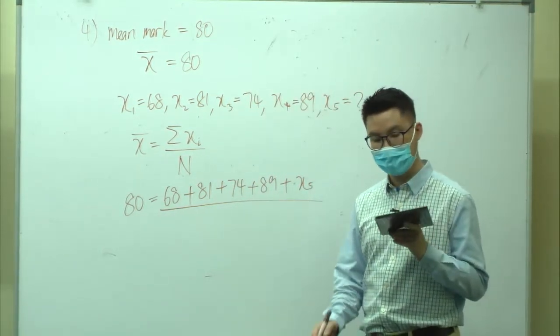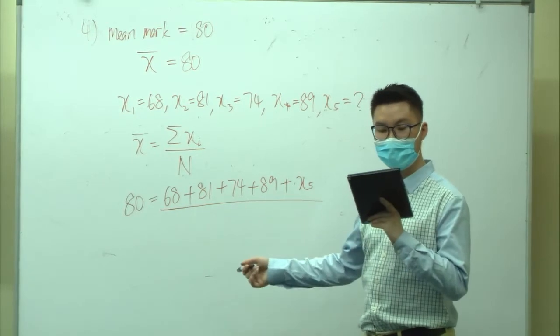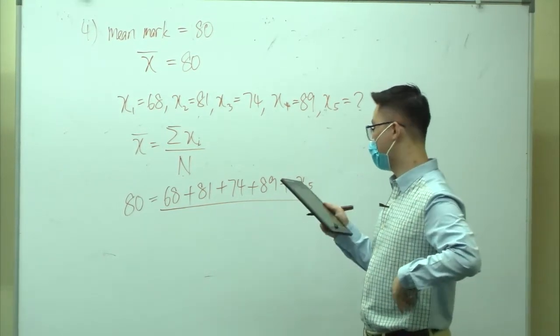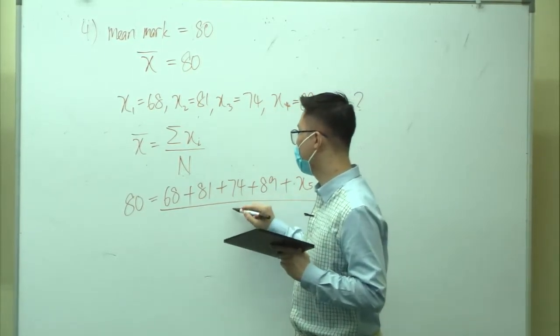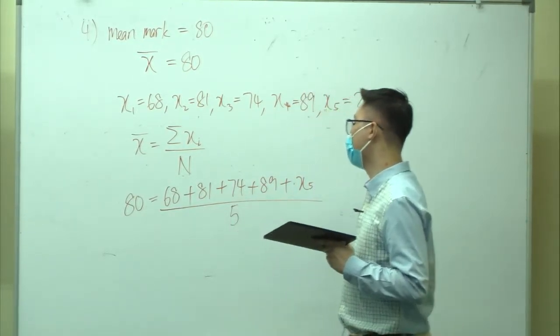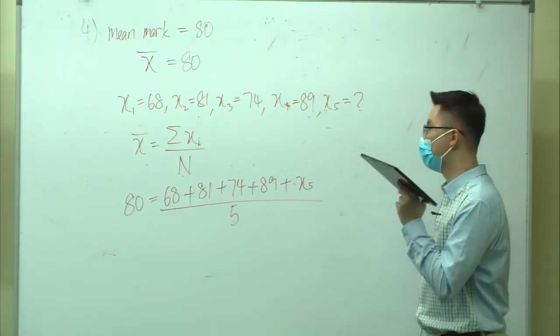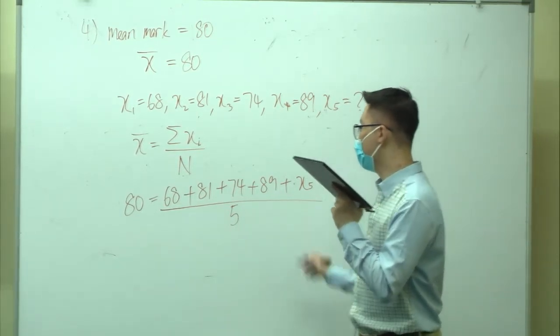How many tests do we have here? Amber got 5 tests, so divided by 5. Now you can find x5. You can simplify this one.